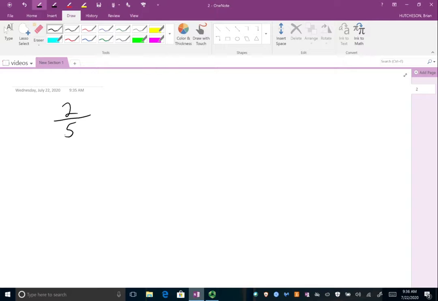So 2 over 5. Well, what is this guy equal to? If I multiply the numerator and the denominator both by 2, I get that this is 4 over 10.